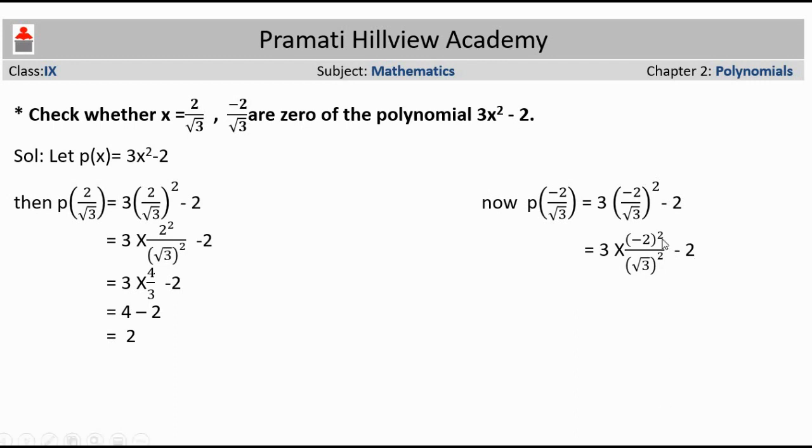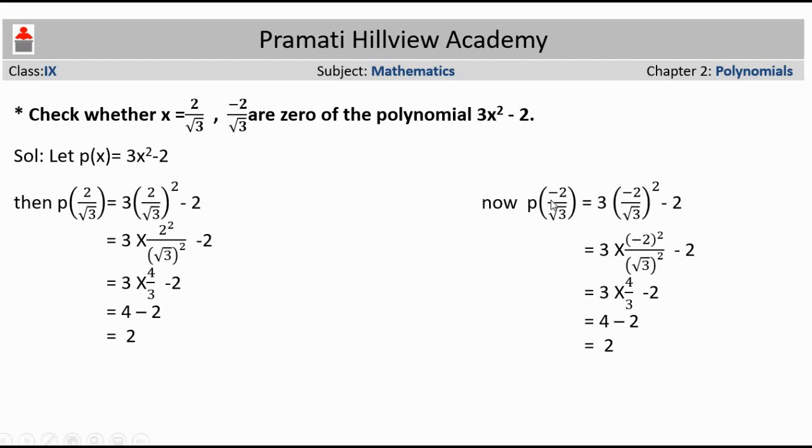Here minus 2 the whole square will be equal to 4, and root 3 the whole square, root 3 can be written as 3 raised to 1 by 2, into 2 makes it 3 raised to 1, that is 3. Therefore, p of minus 2 by root 3 becomes 3 into 4 by 3 minus 2. 3 and 3 get cancelled, becomes 4 minus 2, which is again equal to 2.